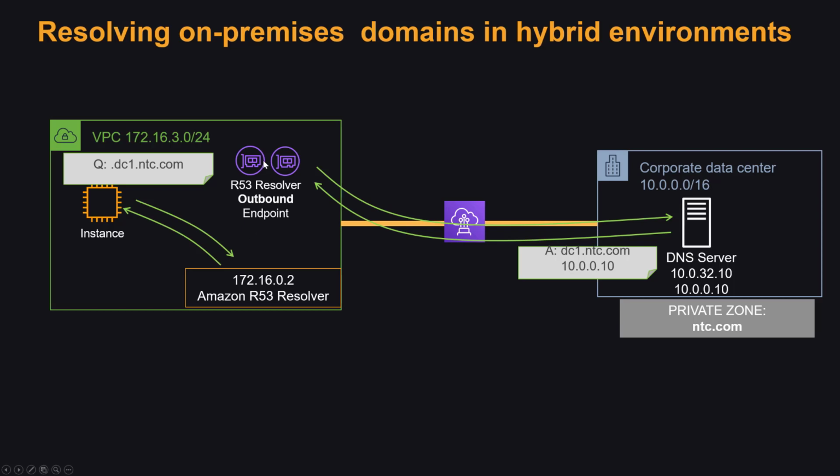So the resolver, through the endpoints, which are basically elastic network interfaces in each one of the availability zones within the VPC, through Direct Connect, or of course it could be VPN between the data center and the AWS VPC as an interconnect, the request reaches the DNS servers. The DNS servers will resolve the request and send the response back through the endpoints to the resolver, and the EC2 instance now can talk to dc1.ntc.com.